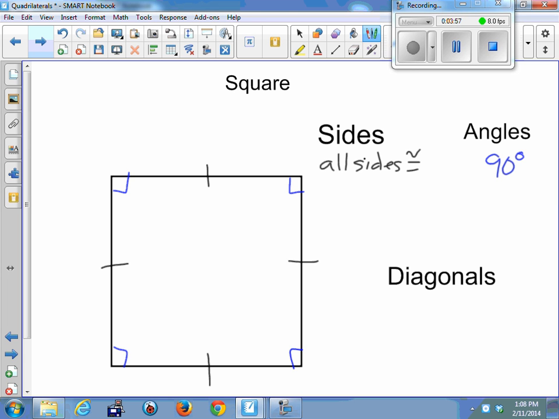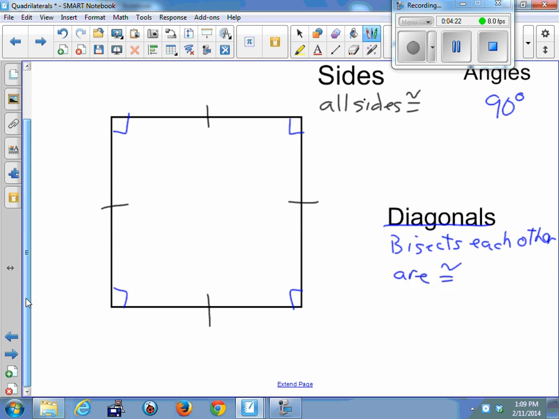And because a square is actually a rectangle, though a rectangle is not always a square, it has the same rules for the diagonals. They bisect each other. They are congruent, so the diagonals are congruent. And then we have a few more things.